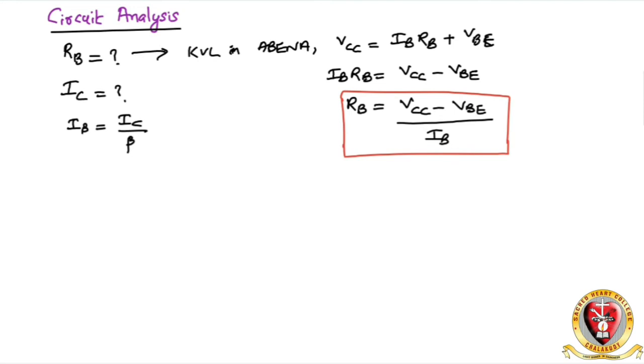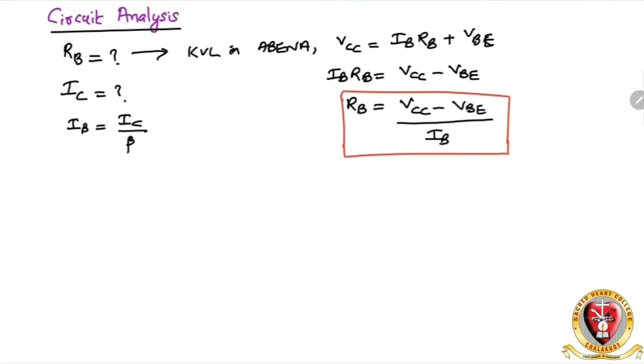We know that VCC is known because VCC is the power supply. VBE is the voltage between base and emitter, which we will get from the transistor manual, because the base emitter voltage is fixed for a transistor. So we will get the value of VBE. Now IB is selected by us.